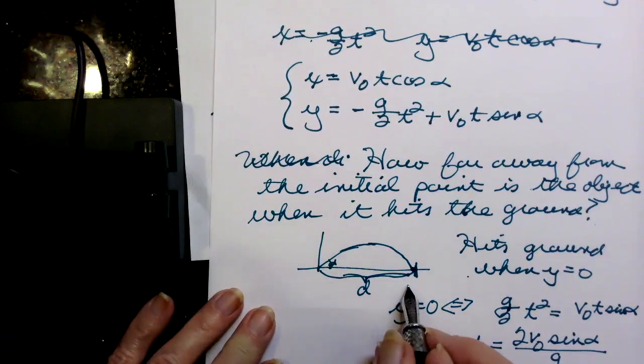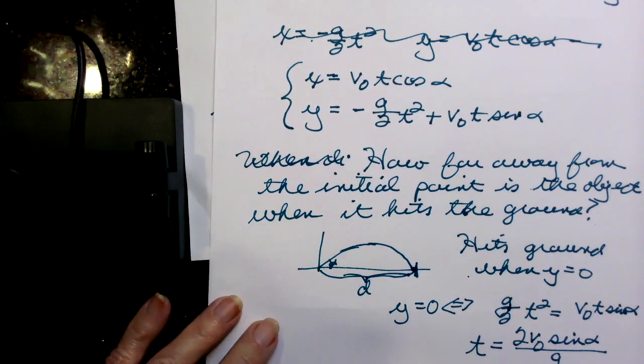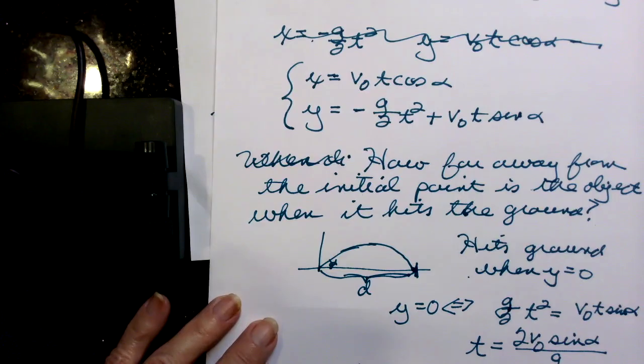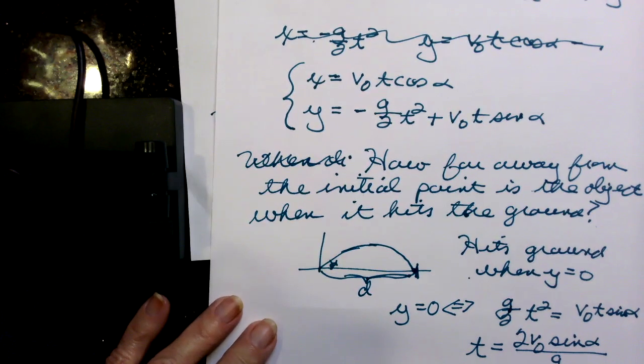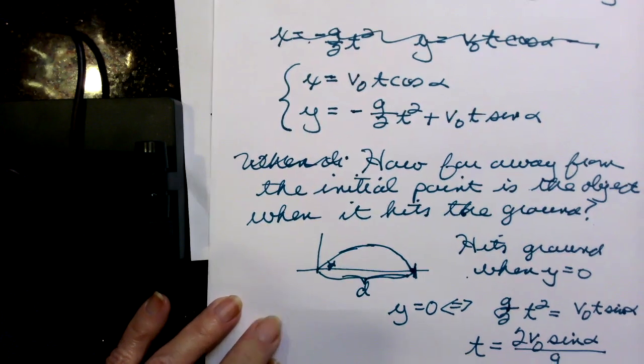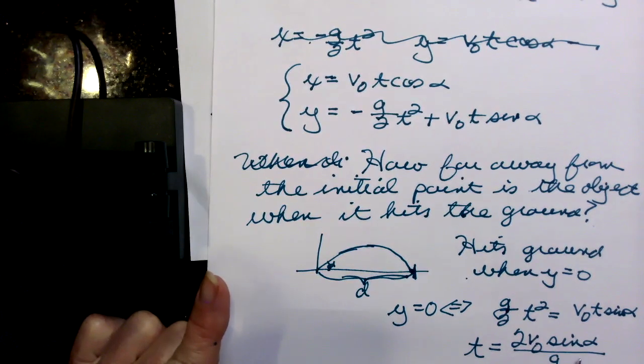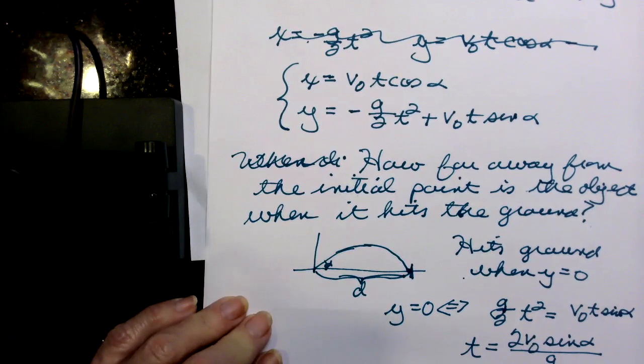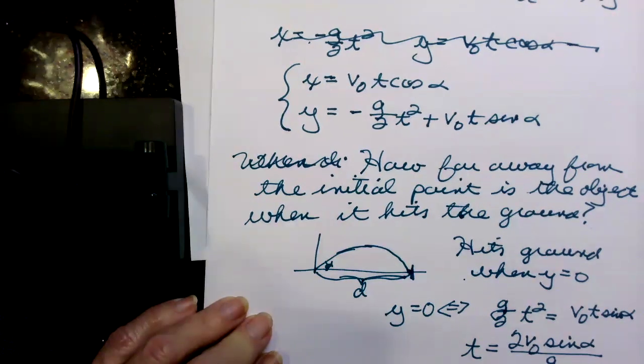So d is the x distance when y equals 0. But what is x? x is v0 t cosine alpha, and when y equals 0, t is 2 v0 sine alpha over g.